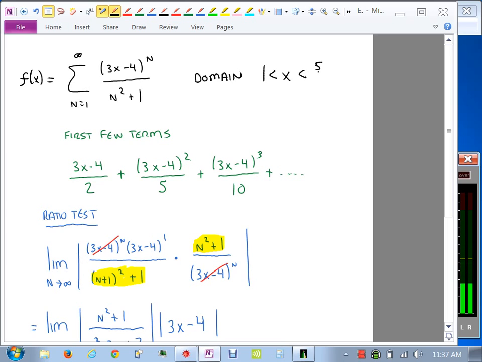Everything between 1 and 5/3. So if we restrict the x values to that interval, this is a well-defined function. If we go outside of that, this is not well-defined because it becomes infinite. So you can't define a function to be infinity. f of x equals infinity doesn't make any sense.